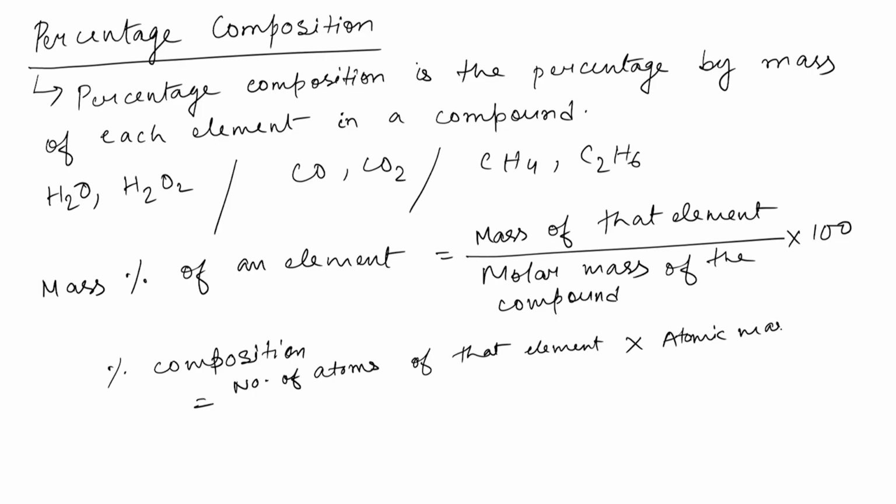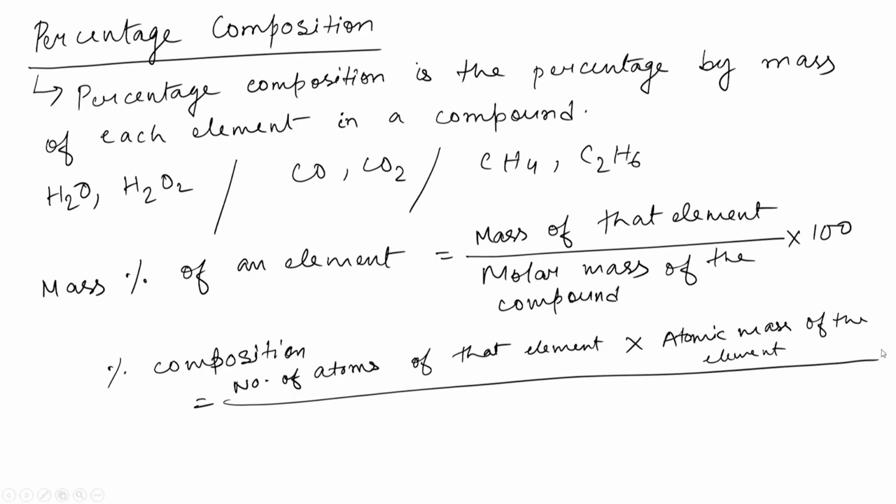Okay, we have to multiply with the atomic mass of the element, divided by molar mass of the molecule into 100. This is also the formula of percentage composition.